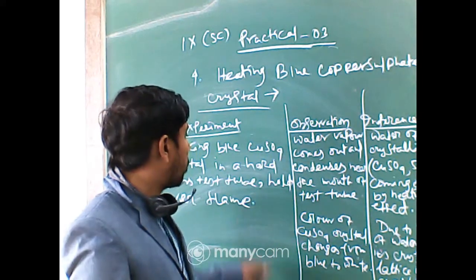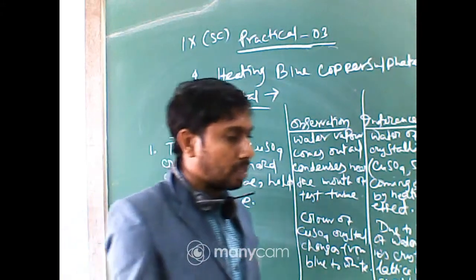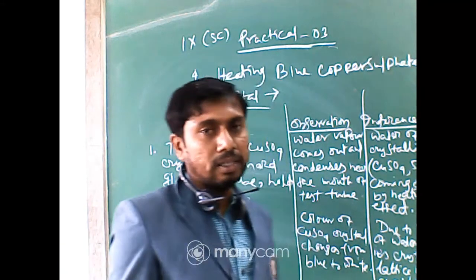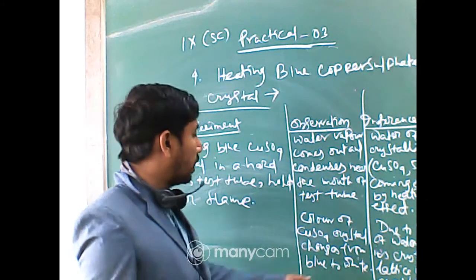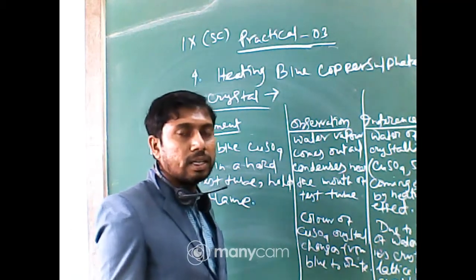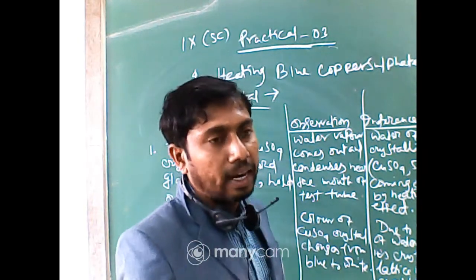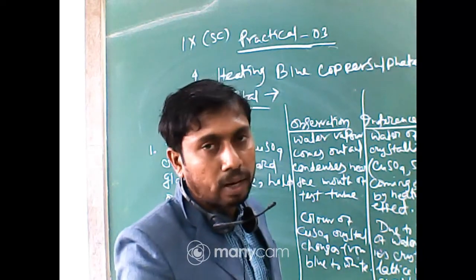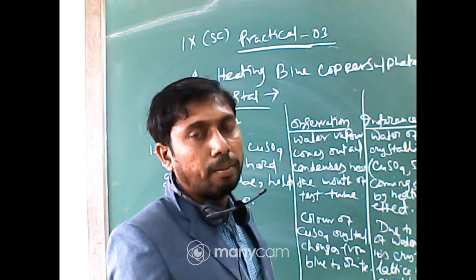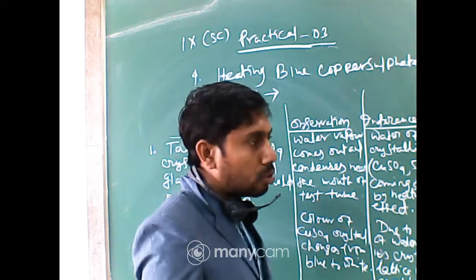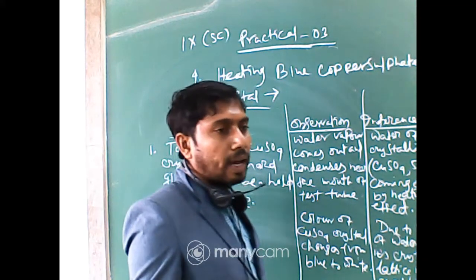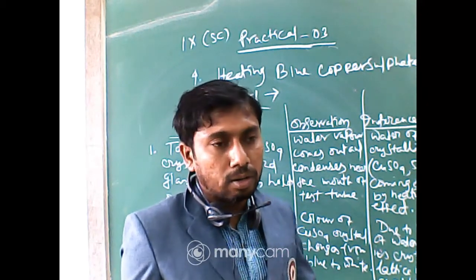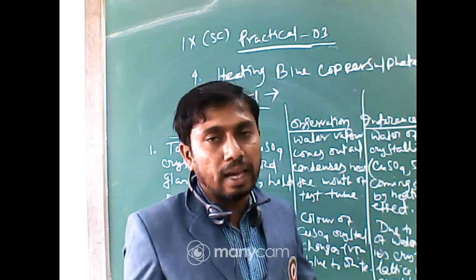This is the first stage of this experiment. Next stage is that we will get a white solid in the test tube. Now we will add a very little amount, 1 or 2 drops of water, on the white mass. So again we will observe that the blue color reappears.